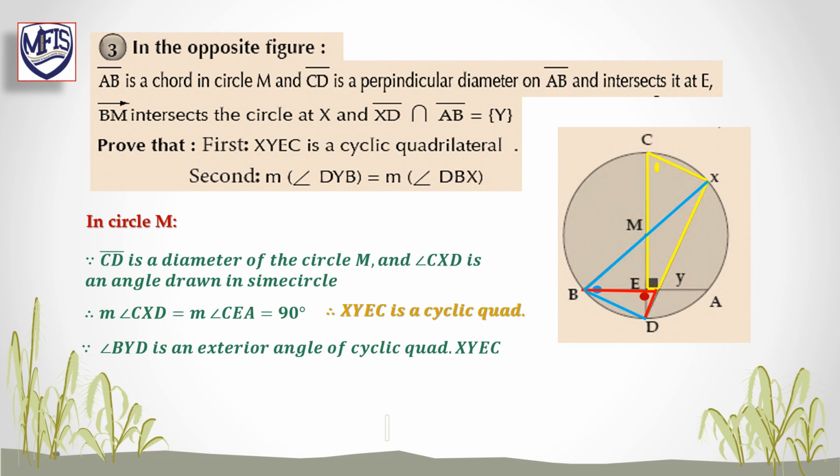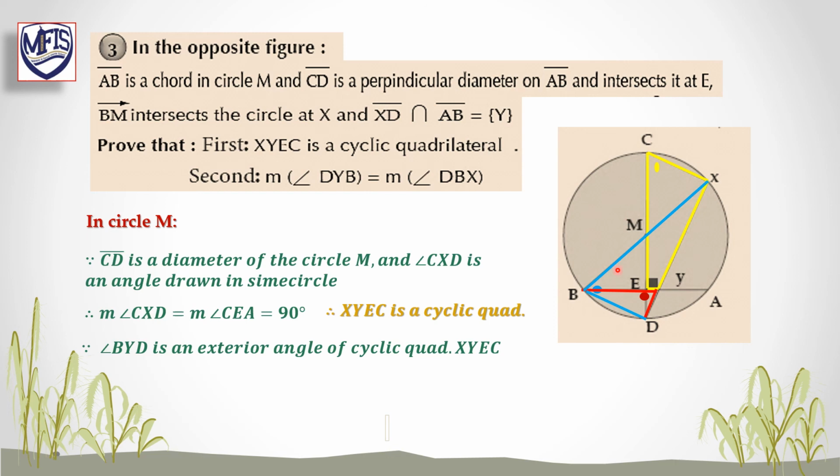This angle XCD is an inscribed angle subtended by arc XAD, and also angle XBD is an inscribed angle subtended by the same arc XAD. Therefore, angle C equals angle B. The yellow angle equals the blue angle.